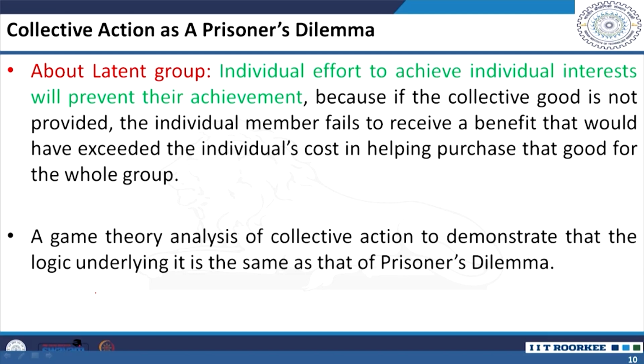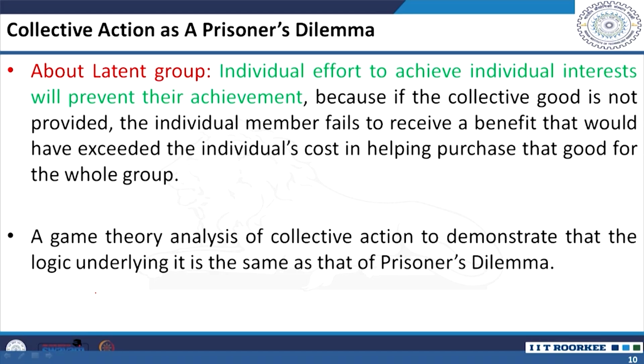because in case of this individual effort, they are following the principle of rationality and they may achieve the individual interest, right. But because they are rational, they will not prefer to achieve the group objectives, because once the group objectives are achieved, the benefit of these group objectives will be shared by all the members. So, there is no point in the individual member now making an effort for achieving the group objectives.